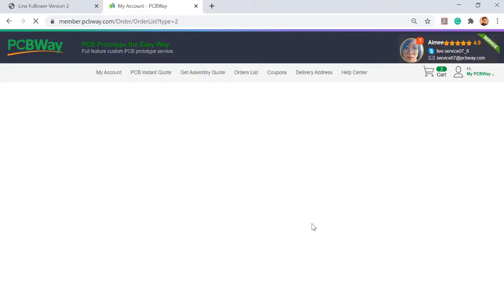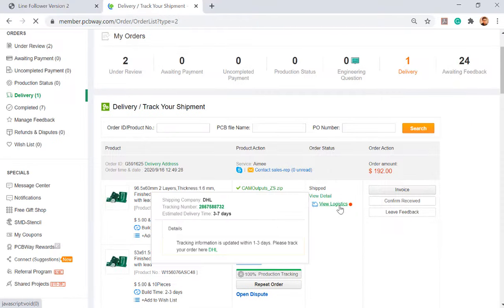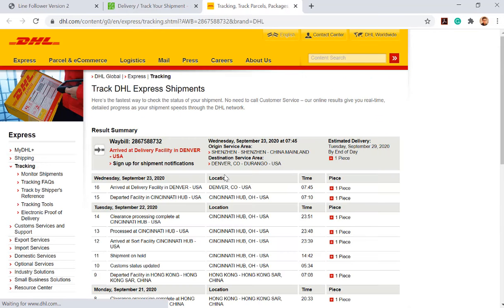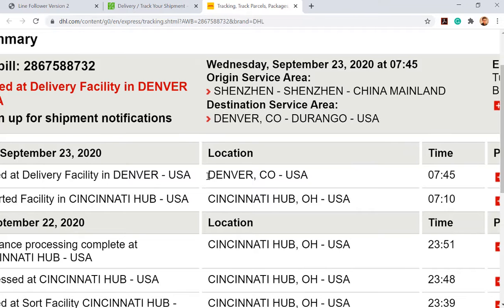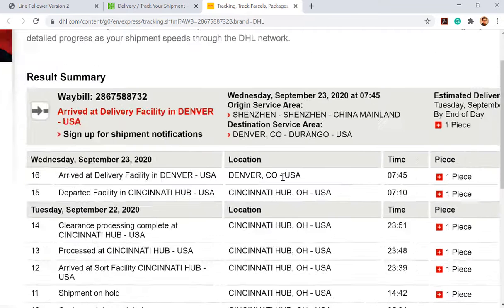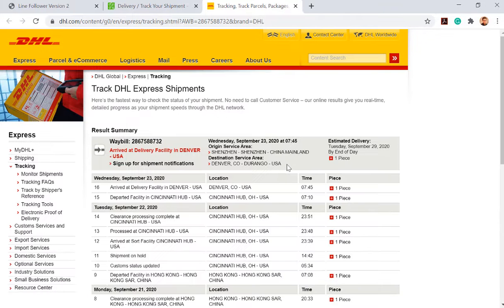Delivery, oh, it's already here. DHL. Oh, it's in Denver now. See? Arrived at Denver today. So probably I'll get it tomorrow. And I ordered 20 something pieces. So I'll give you one.